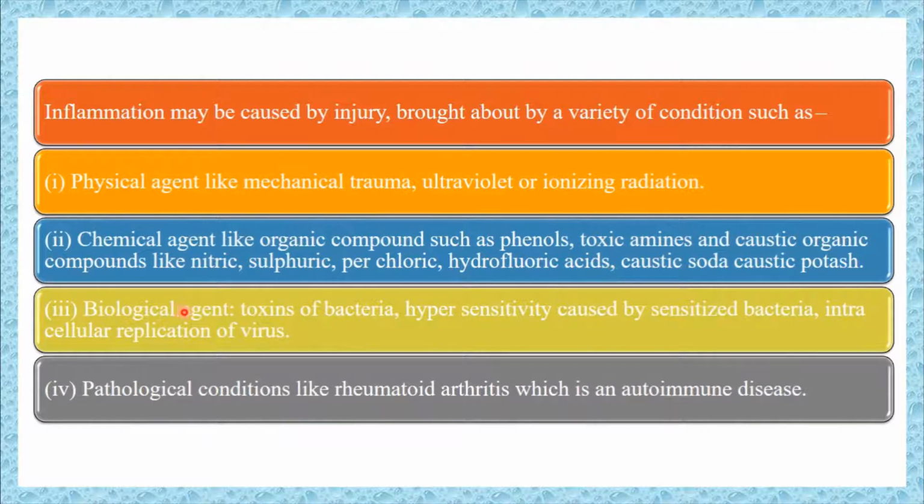And the third one is biological agent like toxins of bacteria, hypersensitivity caused by sensitized bacteria, intracellular replication of virus. Then the fourth one is pathological condition like rheumatoid arthritis, which is an autoimmune disease. So these are the factors.